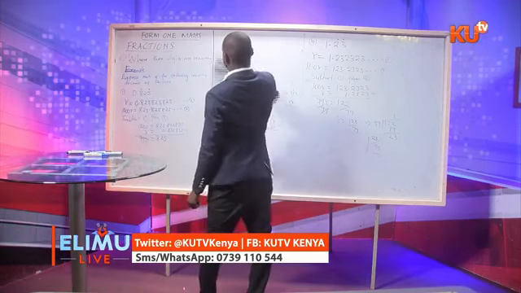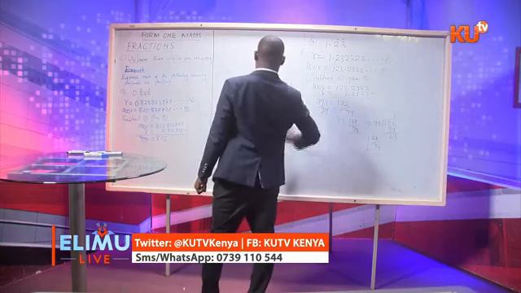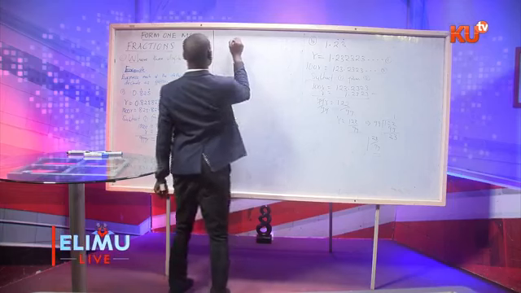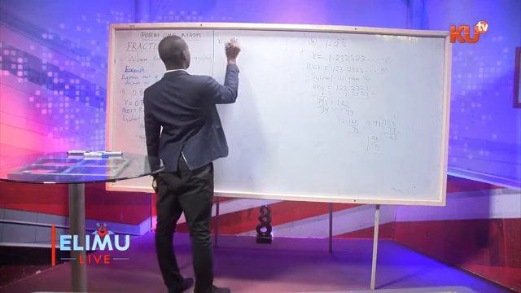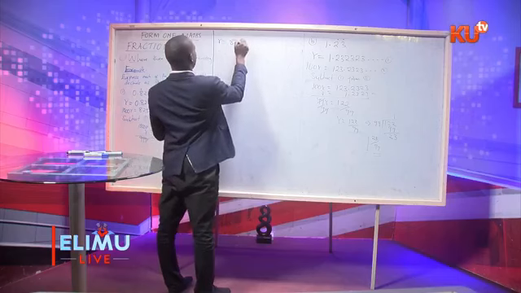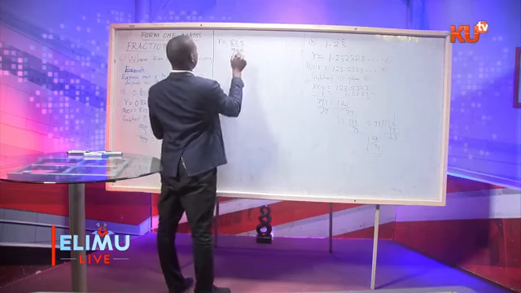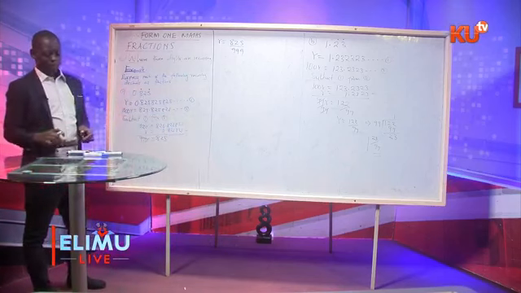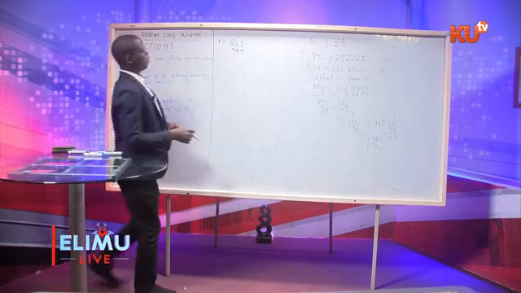So then what do we do to get a fraction? We divide both sides by 999. So that we have now R is equal to 825 divided by 999. This can be simplified further because 3 can divide 825.